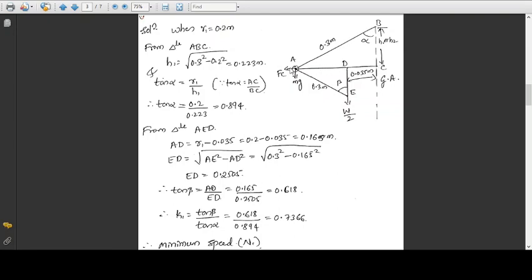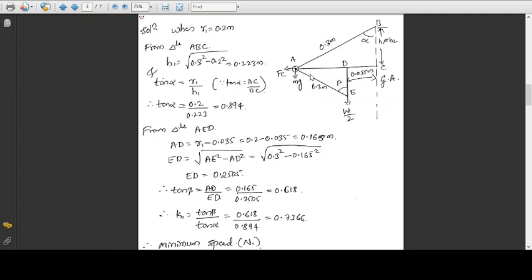So if you want to know the length of AD, you need to subtract this offset from the R1 value. That's why it is R1 minus this offset distance. It will give you the AD value as 0.165 meter.